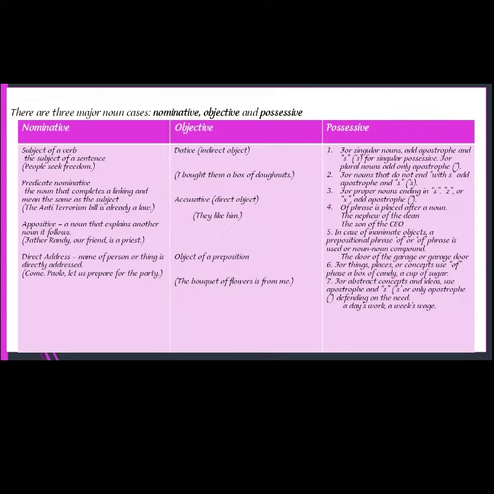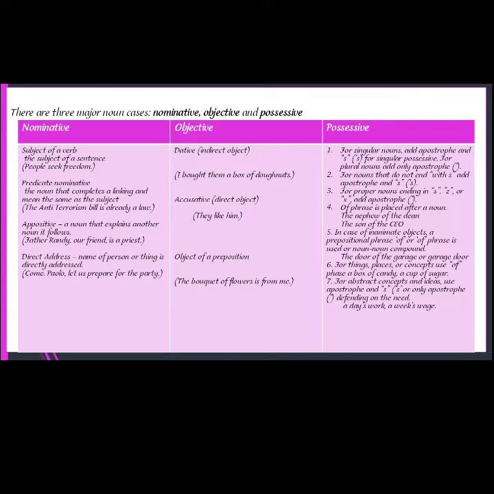For nouns that do not end with s and apostrophe, add apostrophe and s. For proper nouns ending in s, z, or x, add apostrophe. Of phrase is placed after a noun. For example, the nephew of the dean, the son of the CEO.